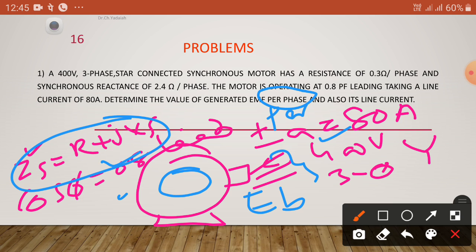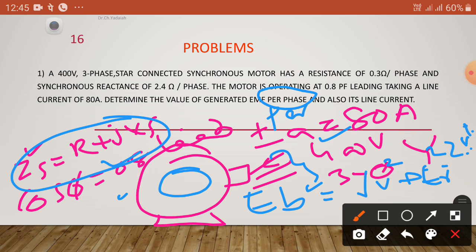Based on this, we are going to calculate Eb. What is the formula? You know that. Eb is equal to the square root of V squared plus Er squared minus 2 into V into Er into cos of theta plus phi.